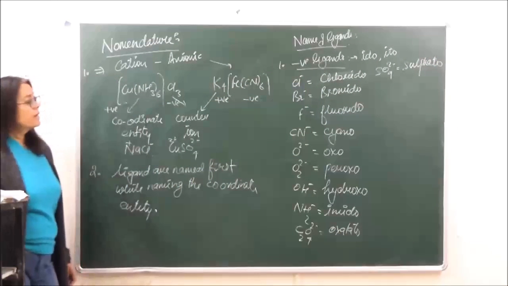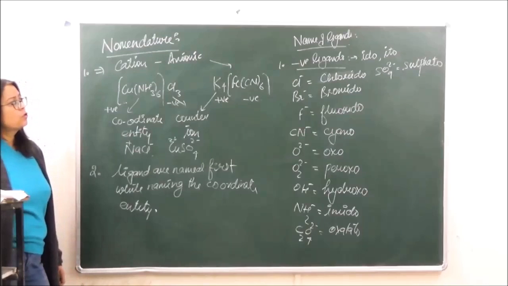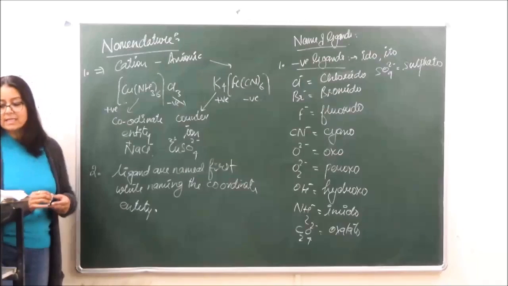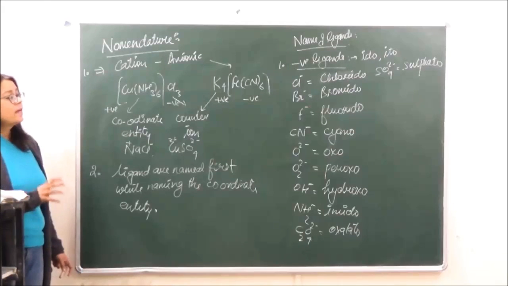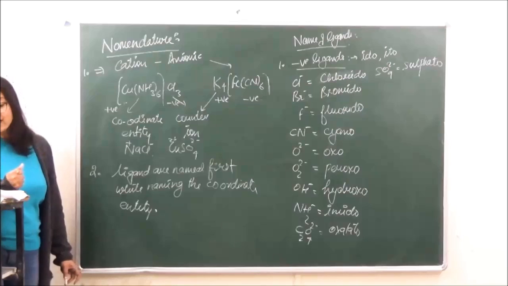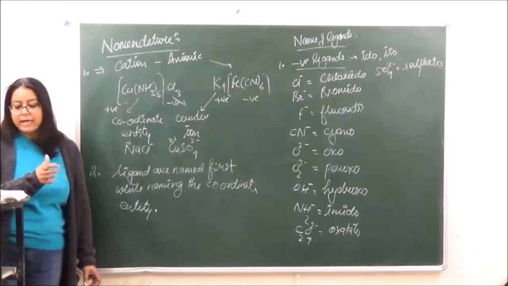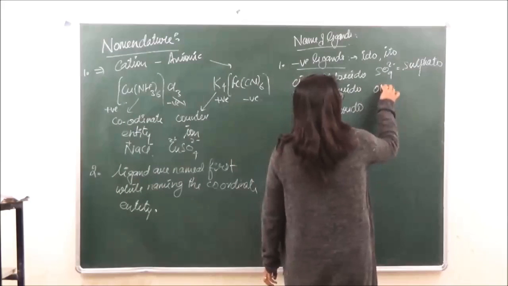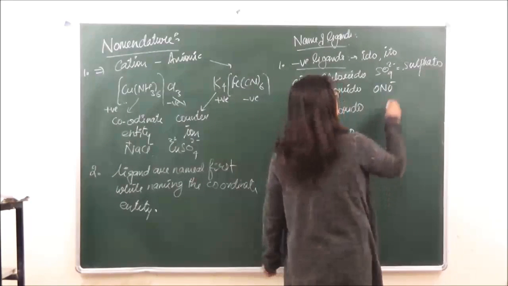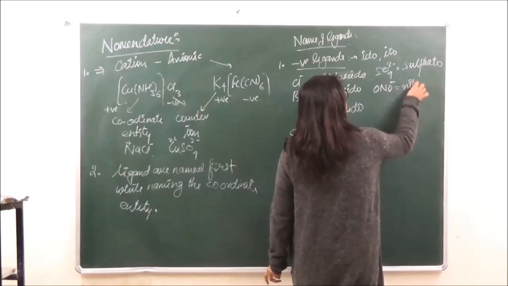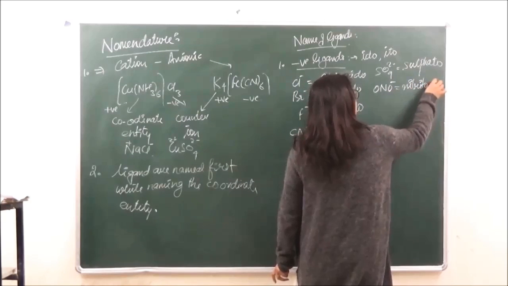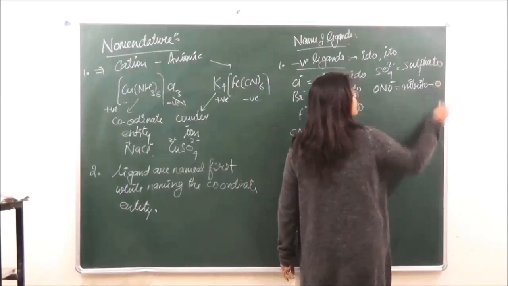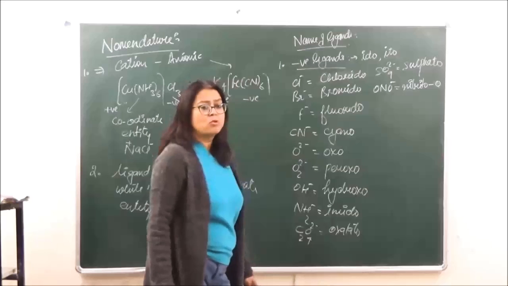Now over here there are a few others which are given in your notes. You can just go through them. These are certain important ones. These are the negative ligands, and this is how you are going to name them. Now if there is an ambidentate ligand present, for example you had done nitrito, so if we have ONO negative, this is going to be known as nitrito-O, as it is linking to the central metal atom through oxygen.